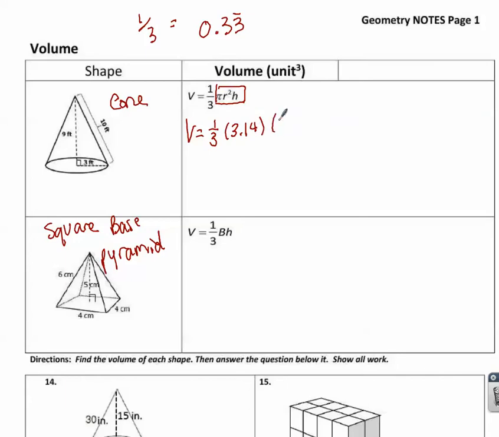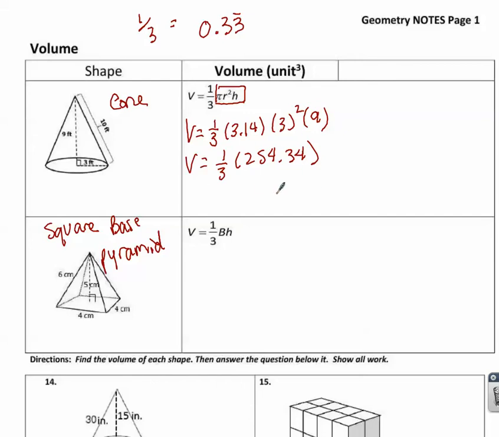So looking at this example, I'm going to look at 3.14 times 3 squared, which is 9, times 9, and I'm going to get 254.34.